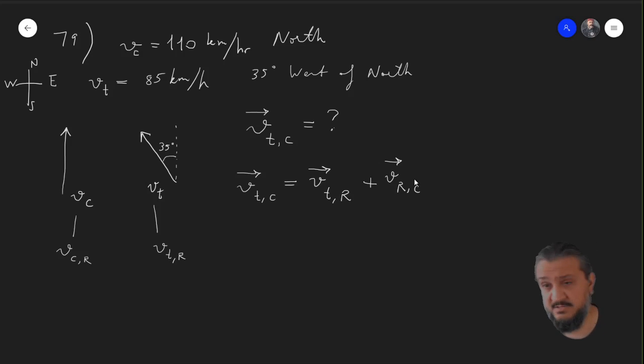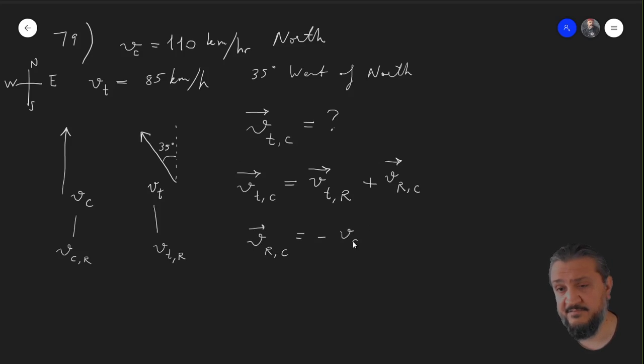In other words, VRC is the negative of VCR. VCR is actually pointing up.